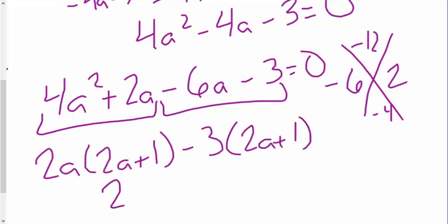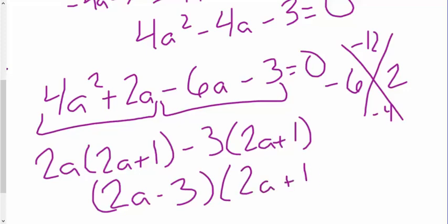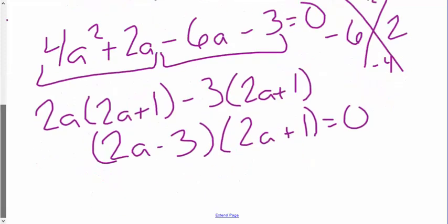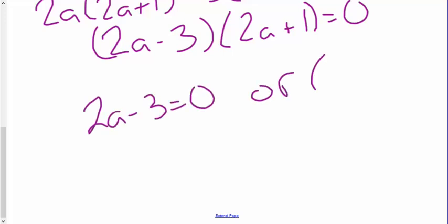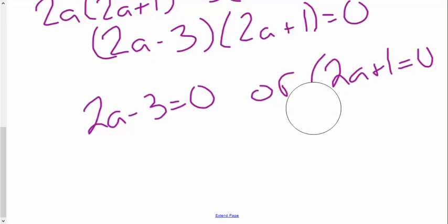So that breaks it down to 2a minus 3 times 2a plus 1 equals 0. And that's pretty much the hard part there. So 2a minus 3 equals 0, or 2a plus 1 equals 0. Again, not sure why I have that parenthesis there.